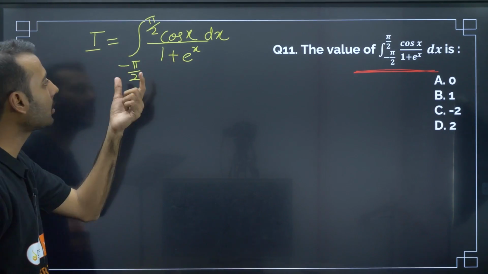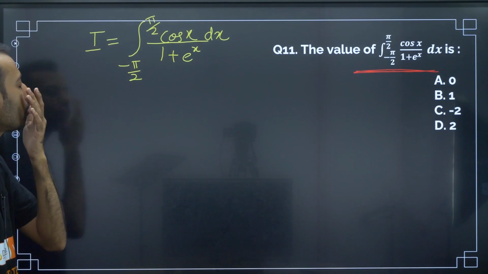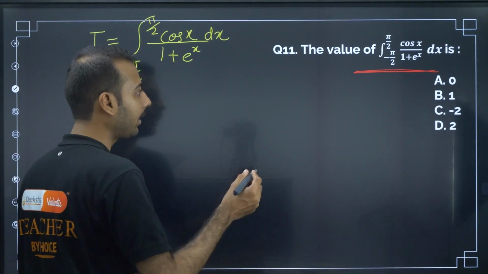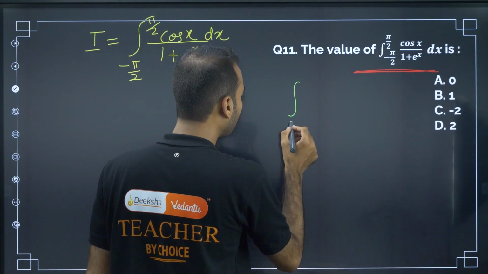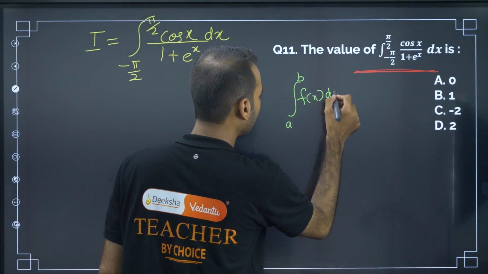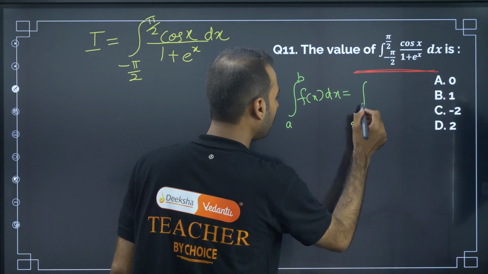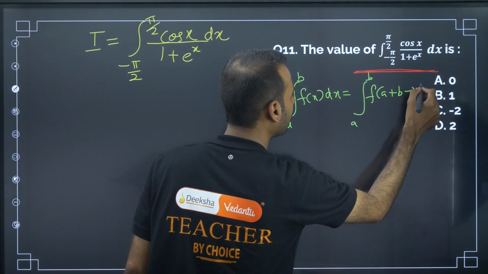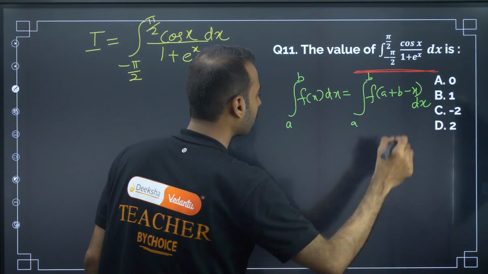So using properties, we have to simplify this. Now how to simplify this using properties? One property in definite integration that you should know: the integral from a to b of f of x dx is equal to the integral from a to b of f of a plus b minus x dx.